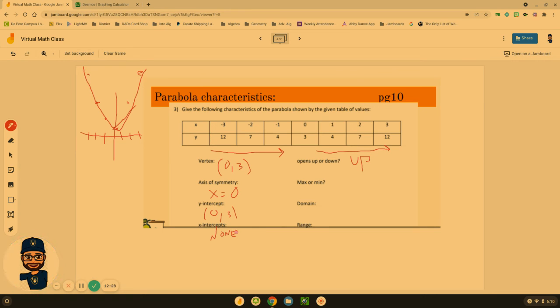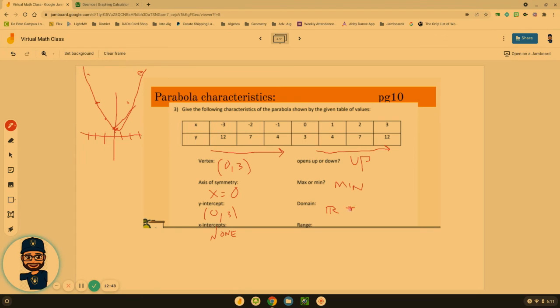And that will happen. Do we have a max or a minimum value? Well, again, because it opens up, this would be a lowest value or a minimum. So we would say min. What's the domain? Domain, again, is all real numbers.